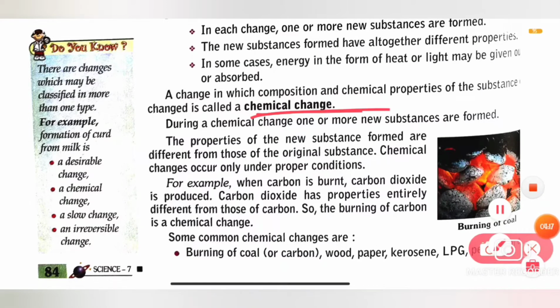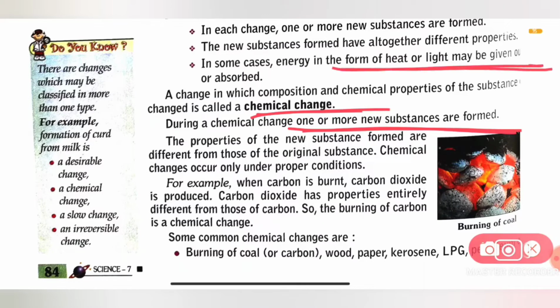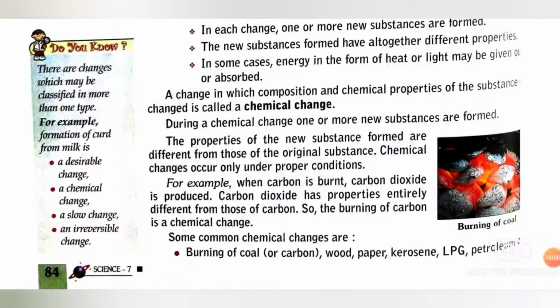Okay, one or more new substances are formed. This is one thing, it can be one or more than one, and also another important thing is that heat or light may be evolved or absorbed during this change. In chemical change the substances that are formed are completely different from the original substances.